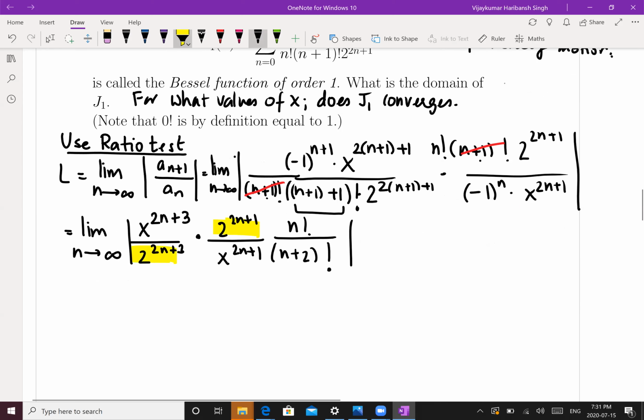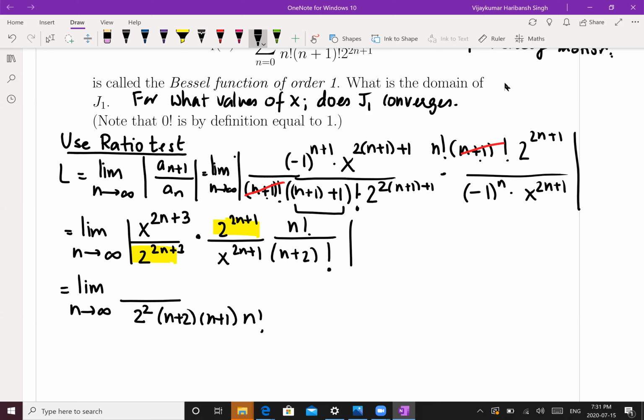What is left out is limit as n goes to infinity. We'll be left out with 2 squared in the bottom. When n factorial and n plus 2 factorial cancel out, we'll have n plus 2 times n plus 1 times n factorial, which will cancel with the n factorial on the top. So let's just erase that. And on top, we'll be left with x squared. And since we are taking the absolute value of x squared, we get this, and this limit is going to be 0.